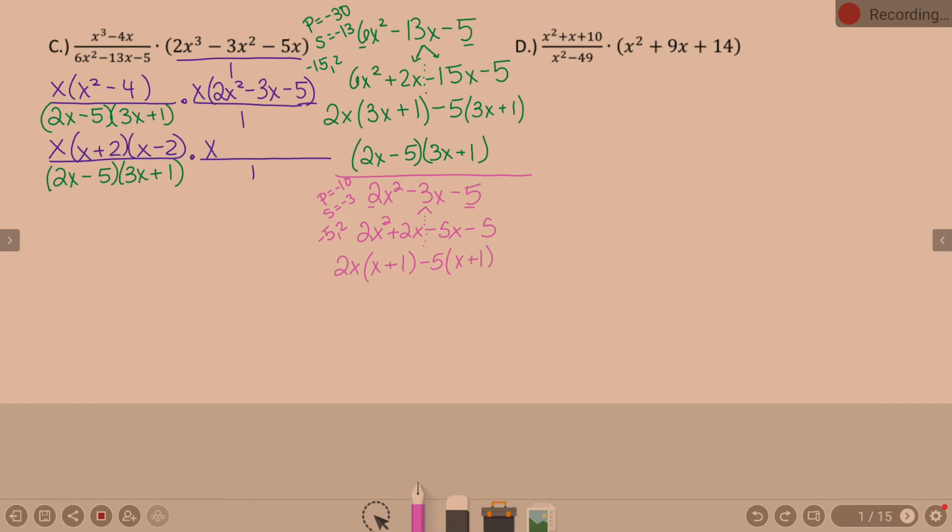Again, good news when my parentheses match. So one parenthesis is the 2x minus 5, the GCFs. The other parenthesis is the matching x plus 1s. And those are going to go here on top next to the x we already had.